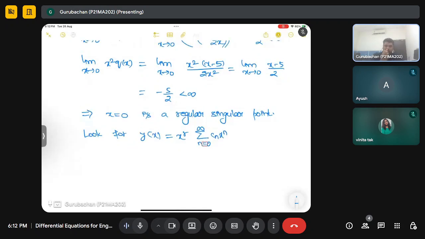We calculate y' and y'', put them into the equation, calculate the values of r by the indicial equation, and get a recurrence relation between the c_n. Then we find the power series solution of this differential equation. So try this one.